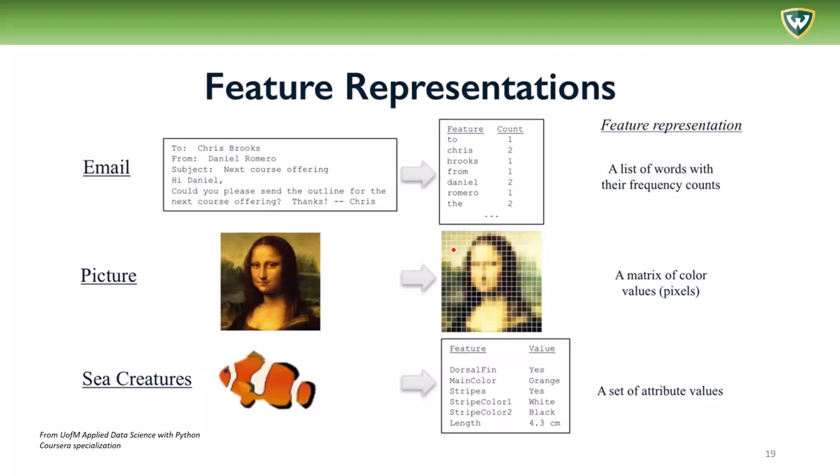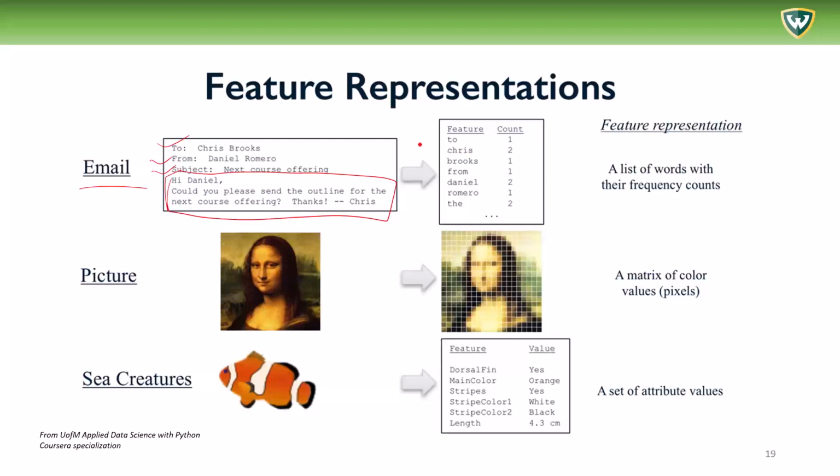So let's talk a little bit about feature representation. For example, let's say we have an email, and we want to create an algorithm that identifies if an email is spam or not spam. So an email is going to look something like this, right? We have all this information. It's kind of structured in terms of the to and the from and the subject, but then there is a little bit more free text here.